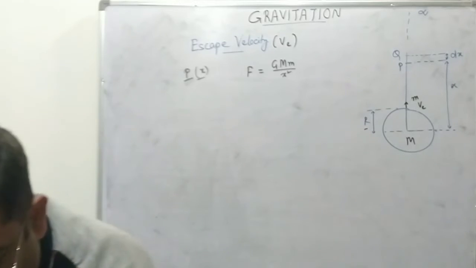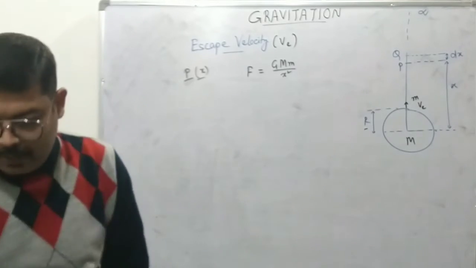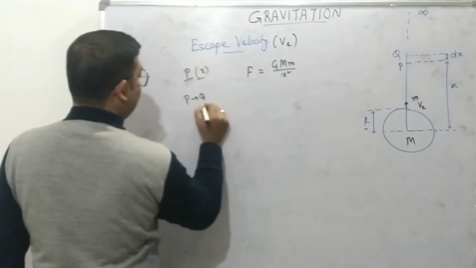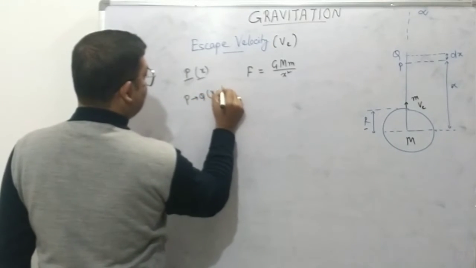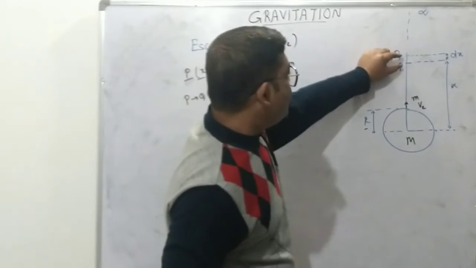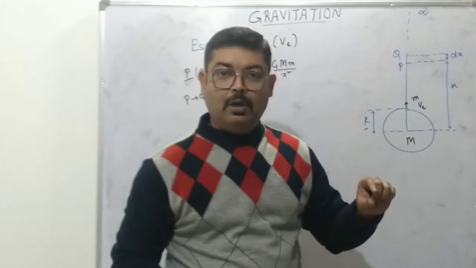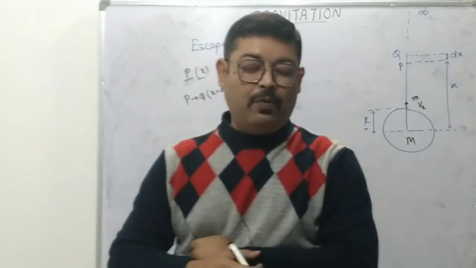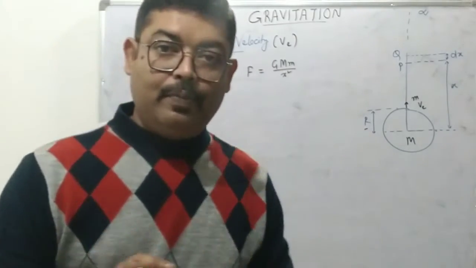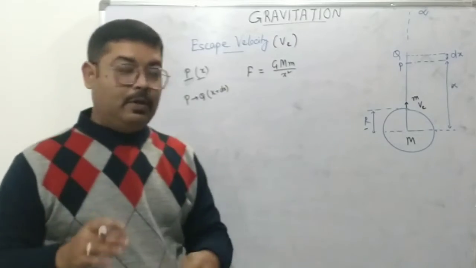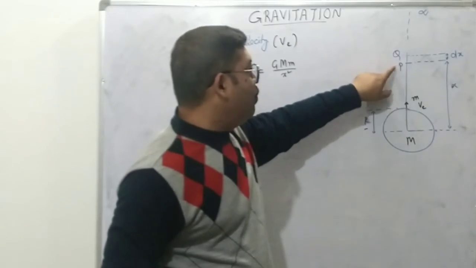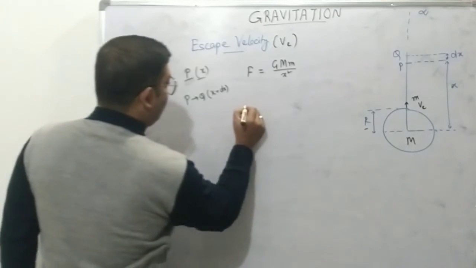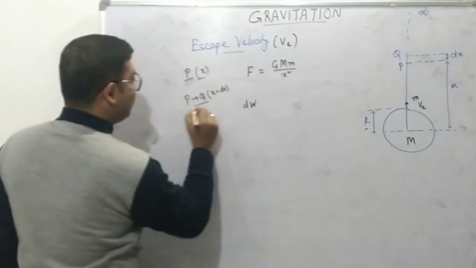So if I have to take the object from P to Q, where Q is at x plus dx, the distance between P and Q is so small that the force of gravitational attraction can be considered to be the same for both P and Q. Under such conditions, what will be the work done when we bring the object from P to Q?